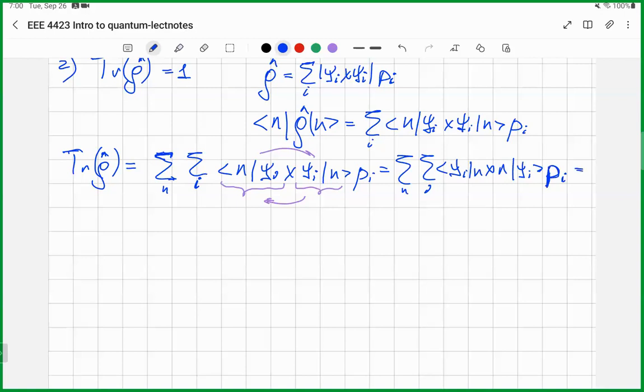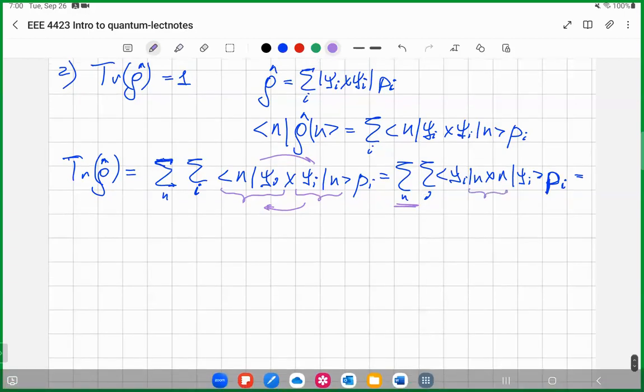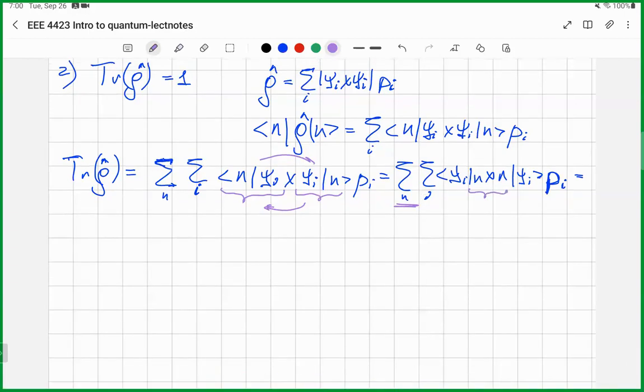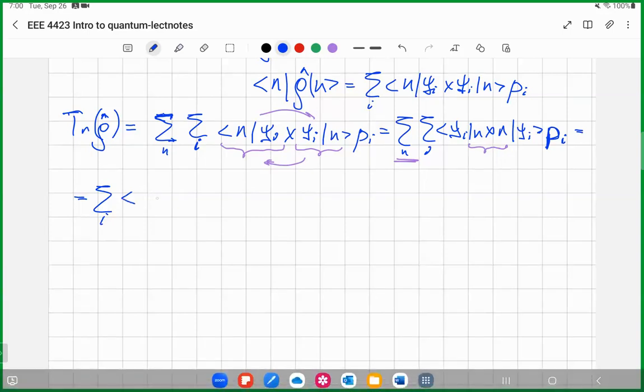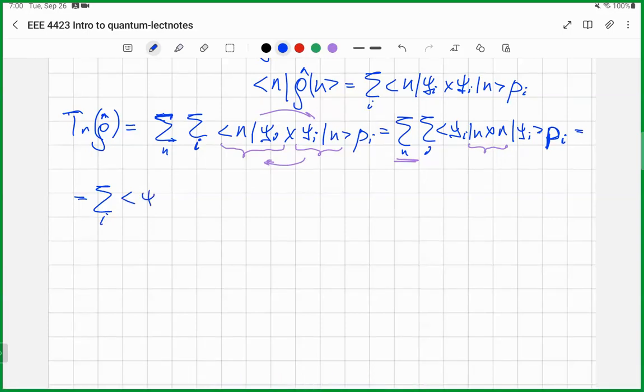Now I can sum up all the n states, and this gives me the identity operator, right? An identity operator applied to any vector gives the vector itself. So we omit the identity operator and get the summation over i of p_i times the inner product <psi_i|psi_i>, the same vector.